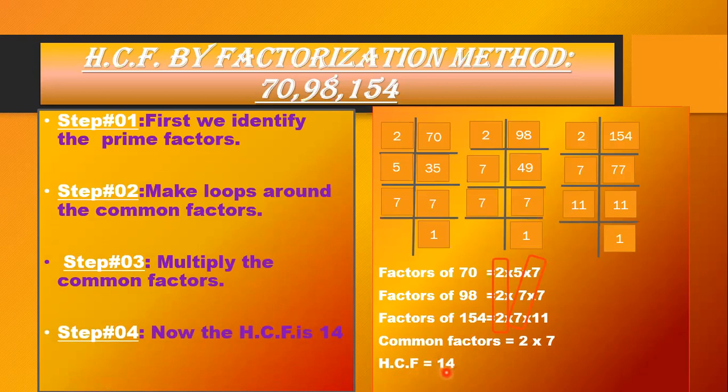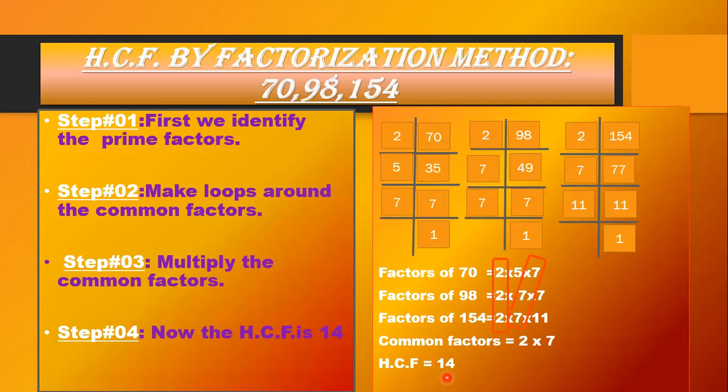It means it is the largest possible number that divides each of the given numbers. 14 is the largest possible number that divides all the given numbers. Okay, now look at here. 14 times 5 is 70, 14 times 7 is 98, and 14 times 11 is 154. So this is the highest common factor.